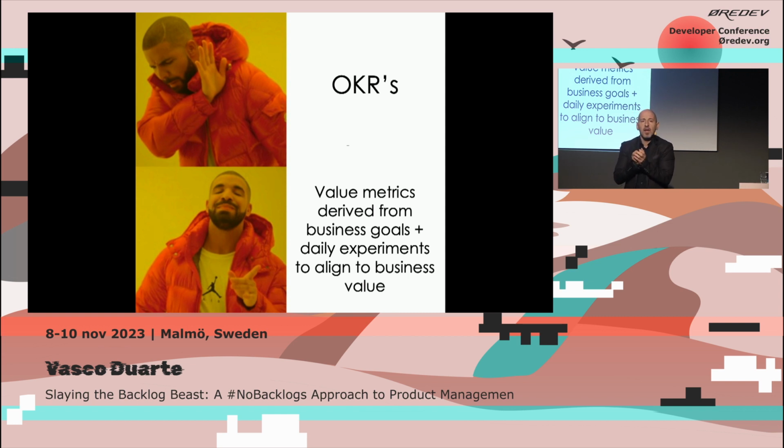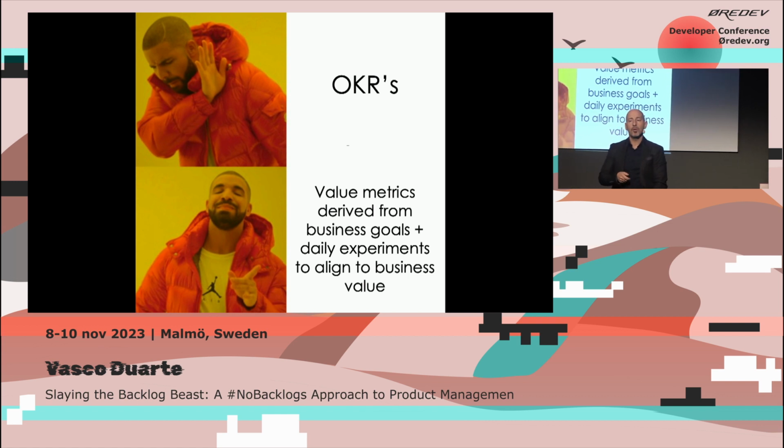What the? No. We need value metrics that are derived from business goals and daily experiments that align to that business value. This is so simple when you say it and so hard to put in practice that it is incredibly frustrating for me. I've been talking about this for about, I even wrote an article, I think it was 2012, how we did this at one company where I was working.